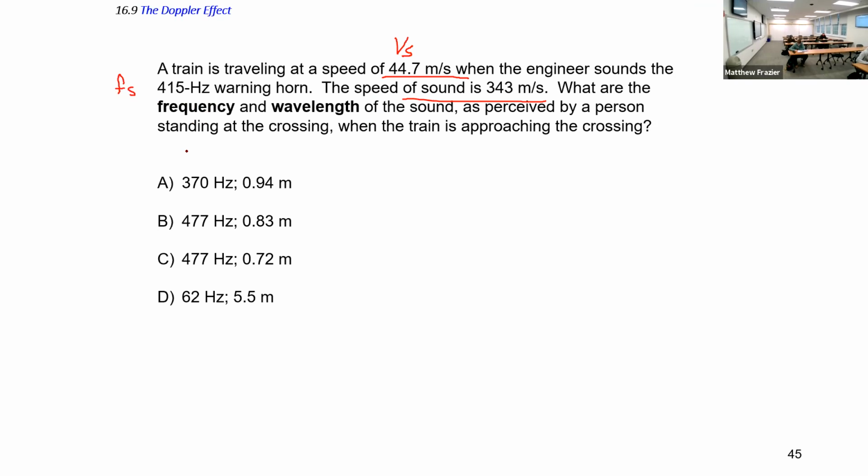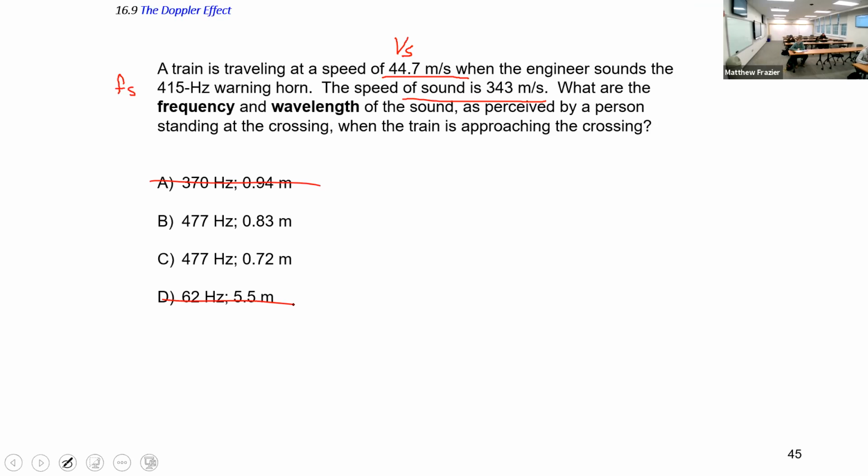So first we can look at the answers and we're going to eliminate a couple of them. The train is approaching. So any answer that has a lower frequency is out. So A is out and D is out. They're low frequencies. Now, otherwise, well, we know that the frequency has to now be 477 hertz.